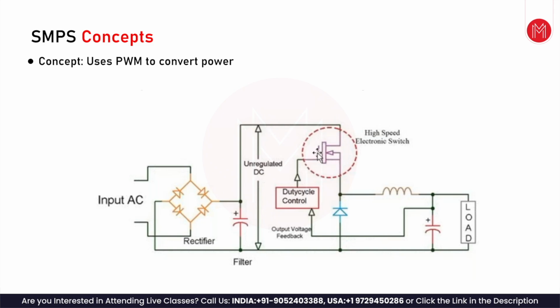The switch is the one that is turned on and turned off at very high frequency. There is a duty cycle control, and the switch on and off times are controlled by this circuit, typically this IC. And on this side there is an inductor and capacitor and all that. And the load is connected here.